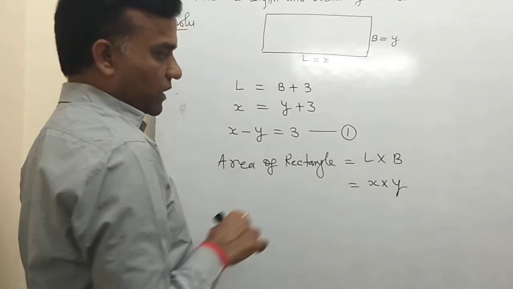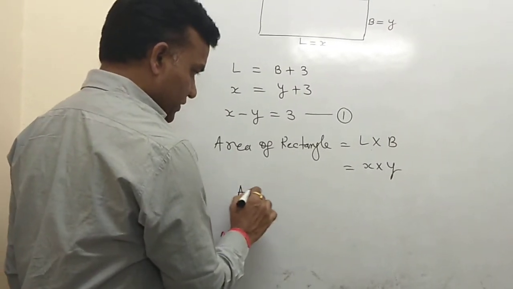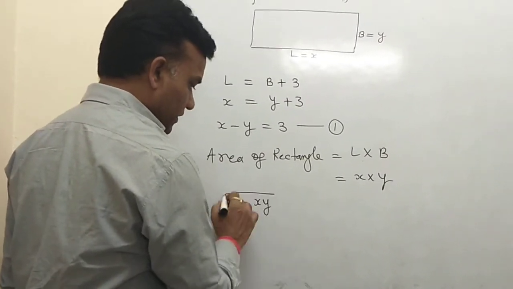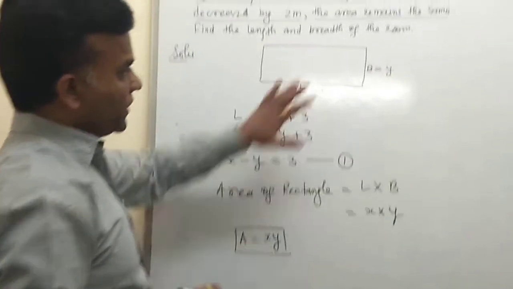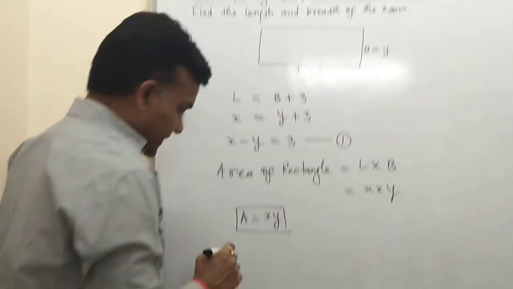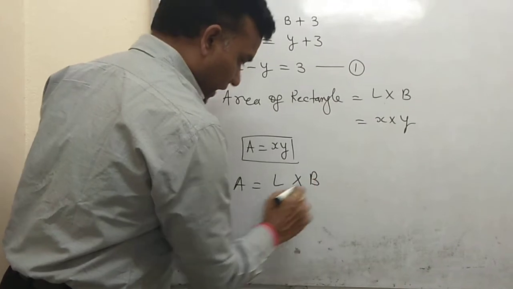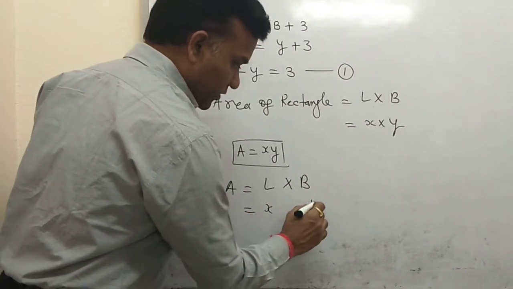The initial room has area x into y, but in the second condition the area equals the new length and breadth, which you write down here.